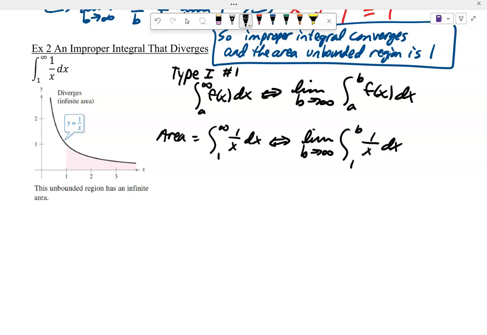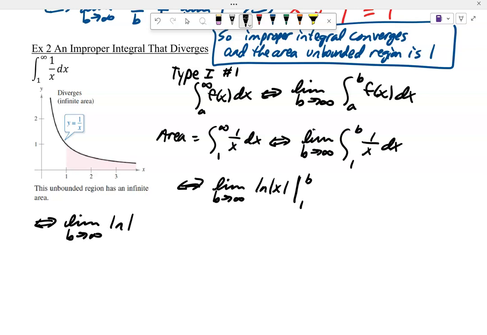And now we say, well, we know the integral of 1 over x is the natural log of x. And we're doing it from 1 to b. So we've got the natural log of b minus the natural log of 1. Well, we know the natural log of 1 is 0, right?